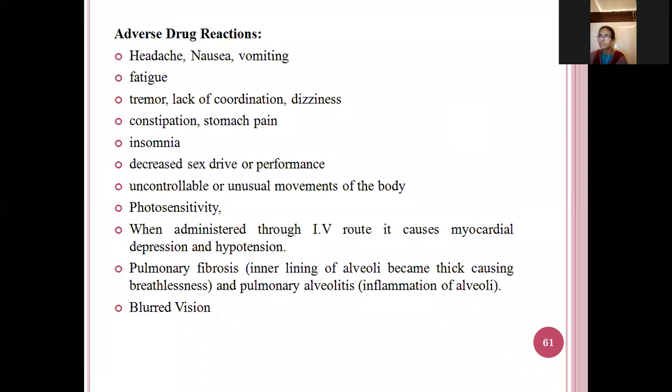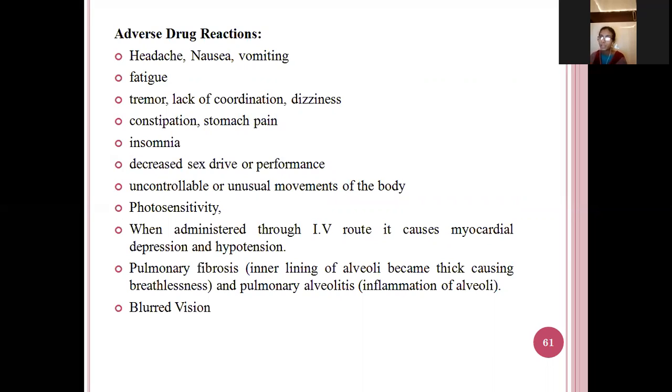Adverse drug reactions are headache, nausea, vomiting, fatigue, tremors, loss of coordination, dizziness, stomach pain, insomnia, means unable to sleep properly, constipation, uncomfortable body movements, and photosensitivity, means they cannot expose themselves to light.